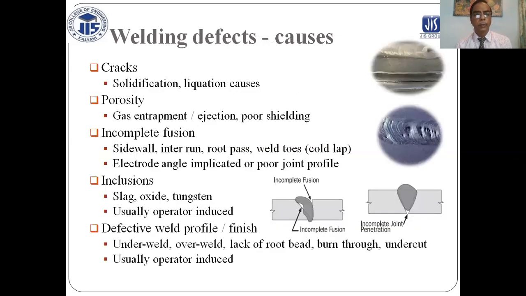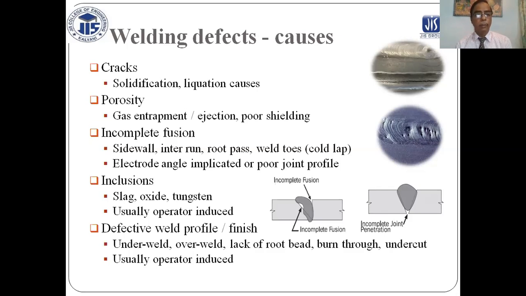Welding defect causes: cracks from solidification and liquation; porosity from gas entrapment; incomplete fusion from poor sealing, sidewall, inter-run, and root pass problems, cold lap, incorrect electrode angle, or poor joint profile.